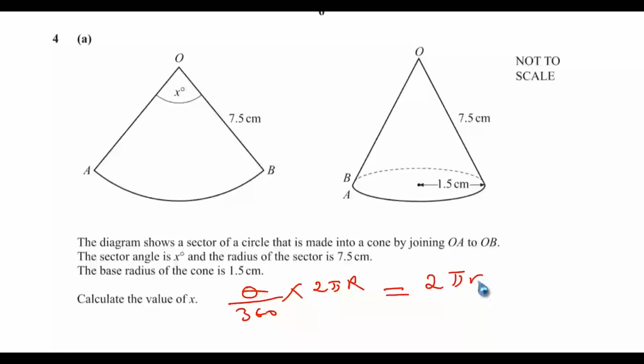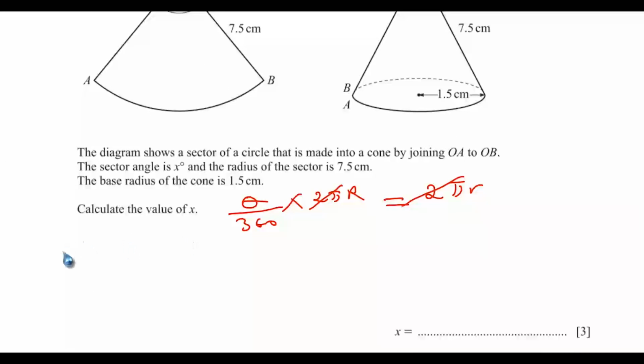Let's use small letter r for the radius of the cone. Of course, we cancel 2 pi here. So let's scroll down a little bit. That means we are left with theta over 360 multiplied by R equals r here.